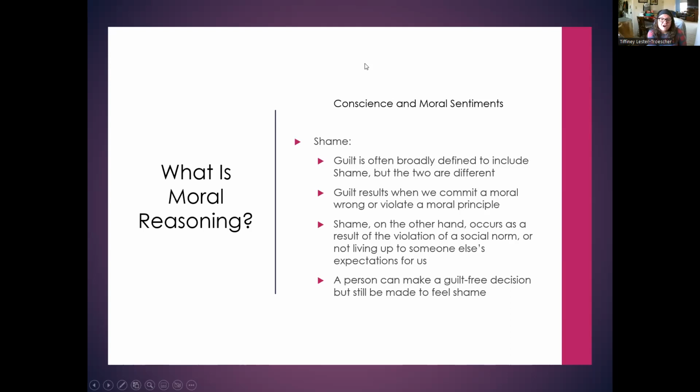Guilt is often broadly defined to include shame as part of its nature. Part of guilt is shame. But that's actually not true. There are two different sentiments. Guilt results when we commit a moral wrong or violate a moral principle. When you steal, when you lie, right?